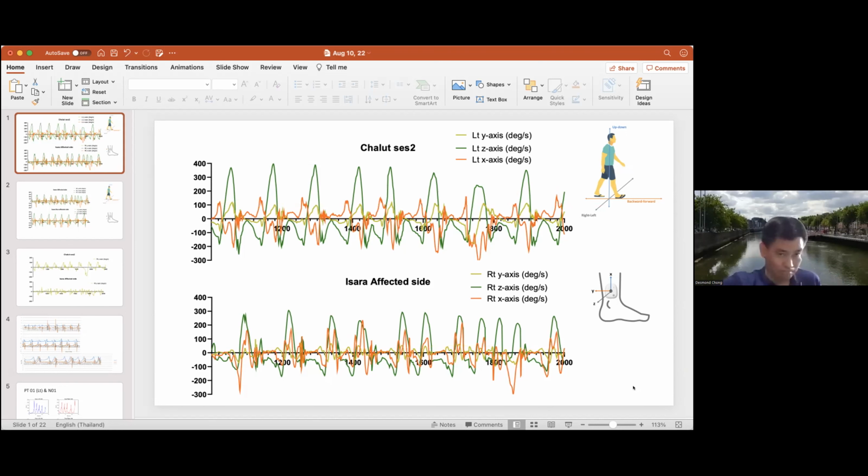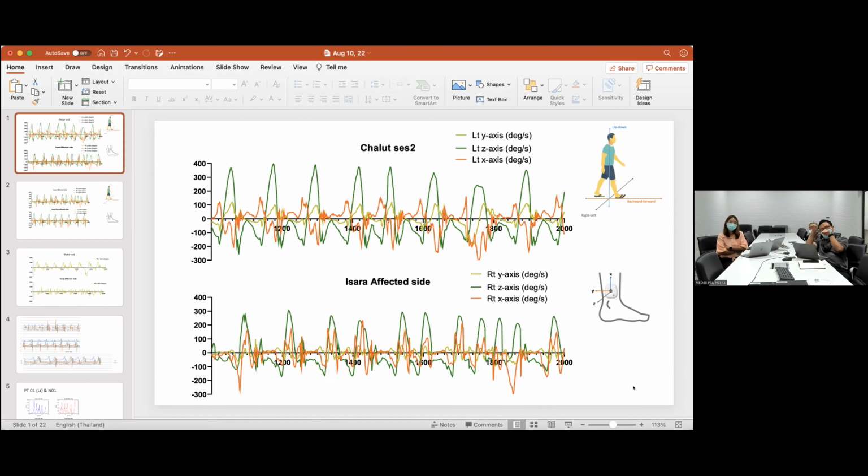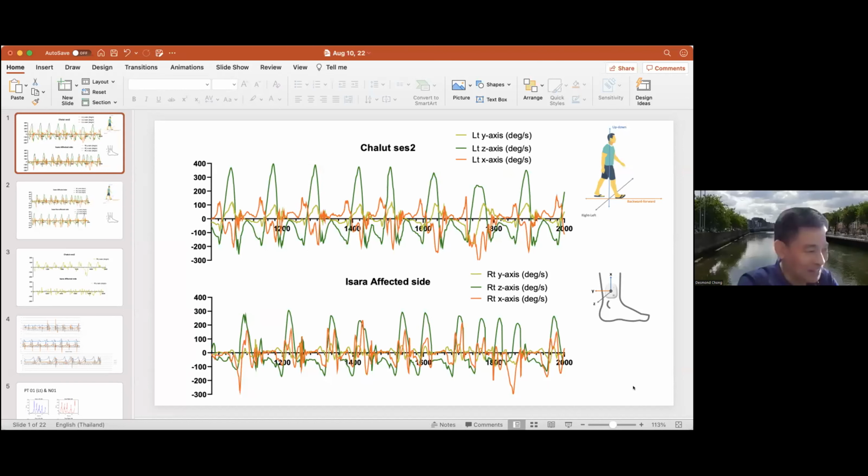If they make it a little shorter and move forward, maybe they understand. But how can they correct the frontal plane movement? I think it's a little bit difficult to understand. Imagine if we had a y-axis also for feedback, is it practical for the patients to correct the motion on this plane?